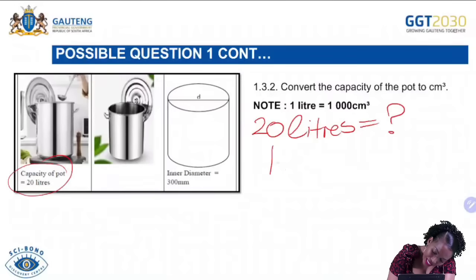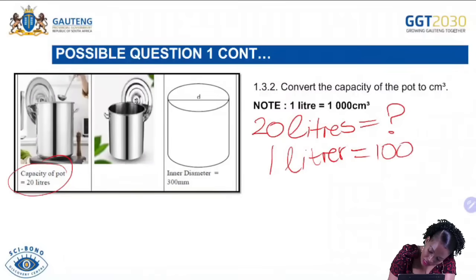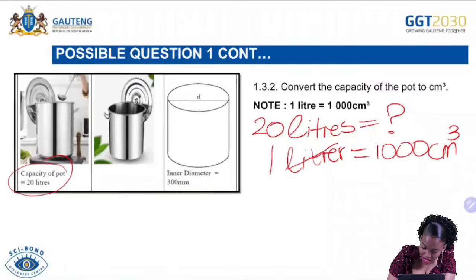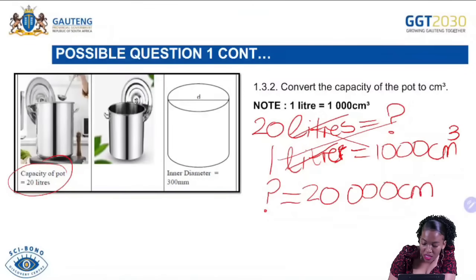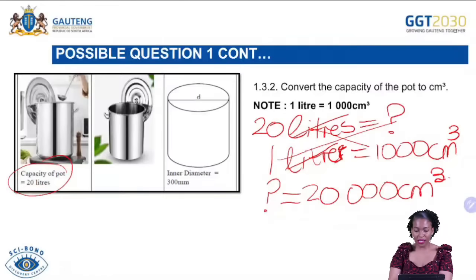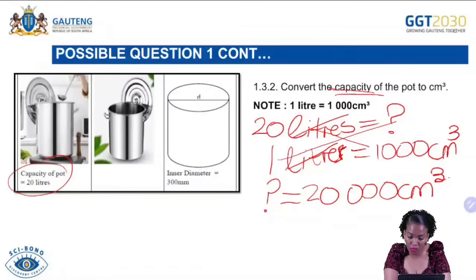I know that 1 liter is equivalent to 1,000 centimeters cubed. So the liter and the liter are going to cancel. And then we'll cross multiply: 1 multiplied by the question mark, then 20 multiplied by 1,000, it will be 20,000 centimeters cubed. That is your answer. So the capacity of this pot in cubic centimeters is 20,000 cubic centimeters.